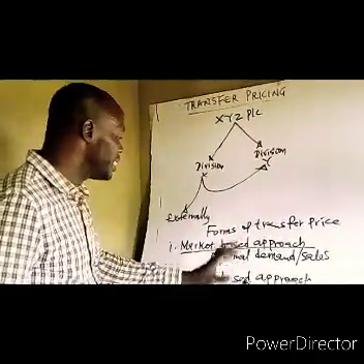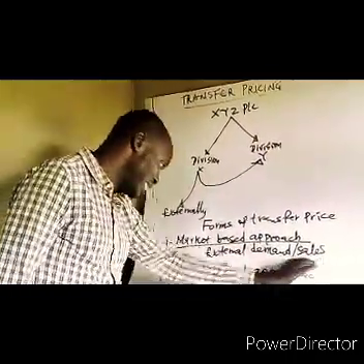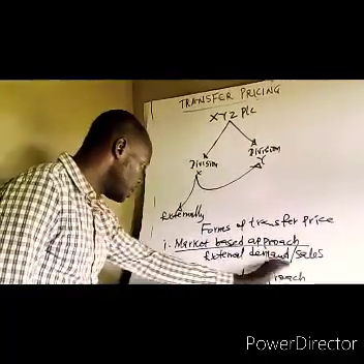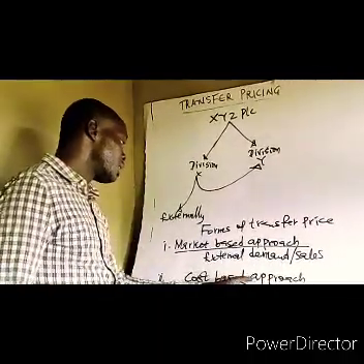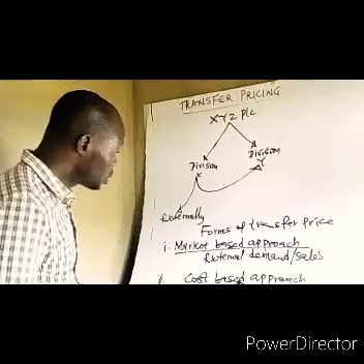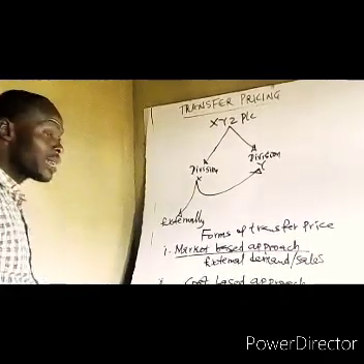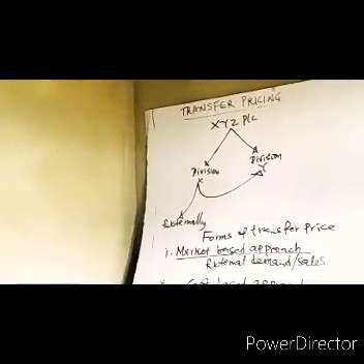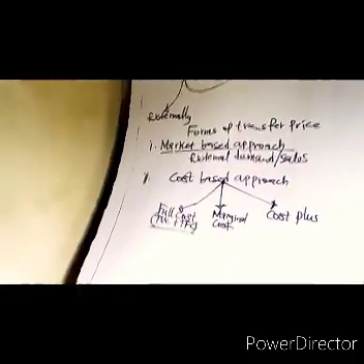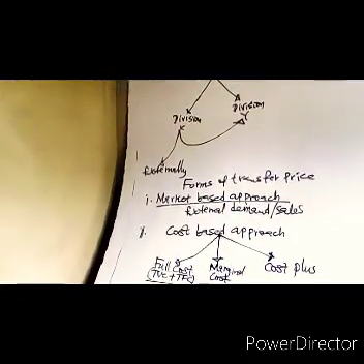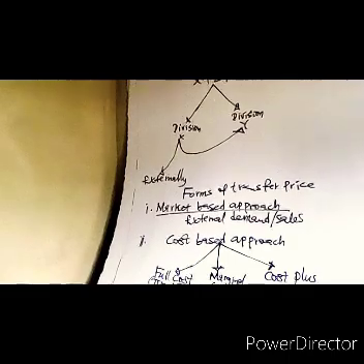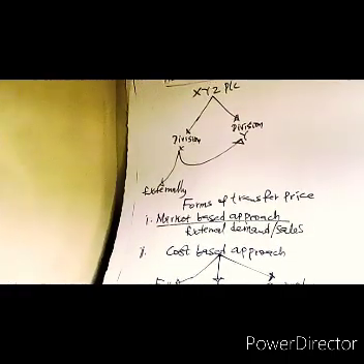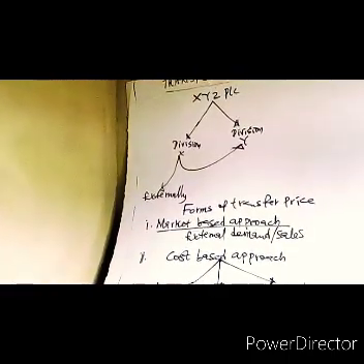It is then that you can use the cost-based approach. So when you are given a problem involving the transfer price, before the cost-based approach can be used, the external intermediate market must not exist for the selling division's product.